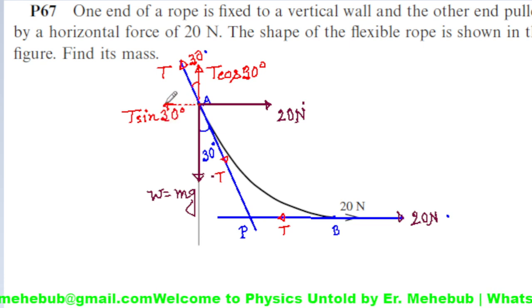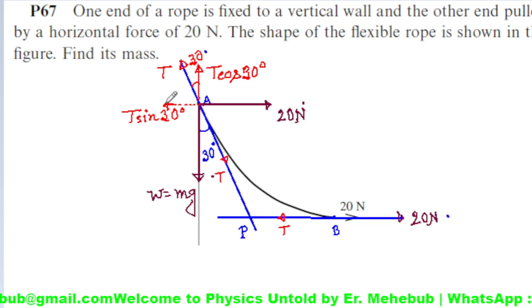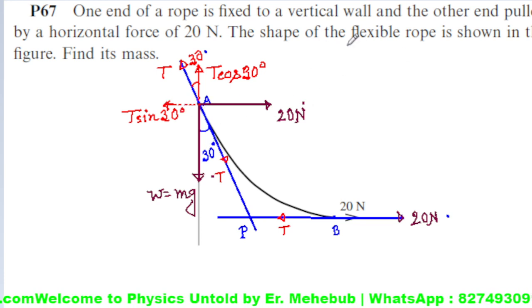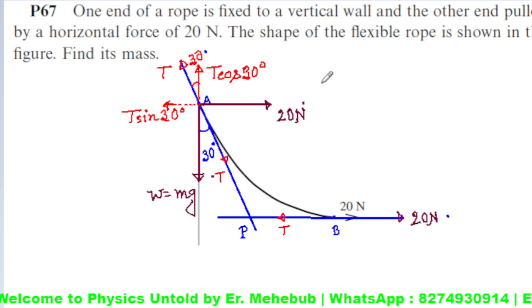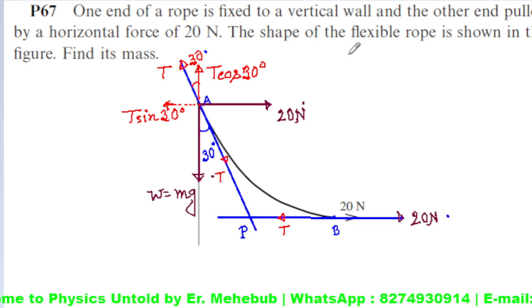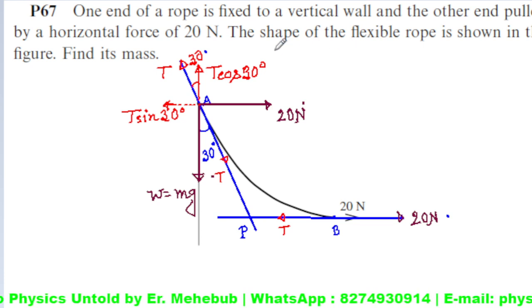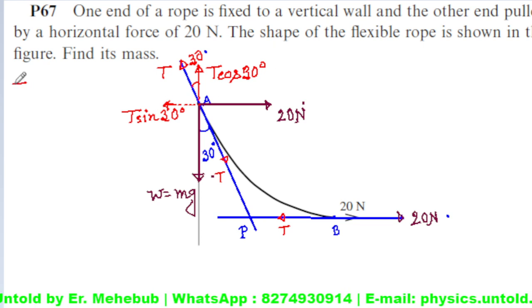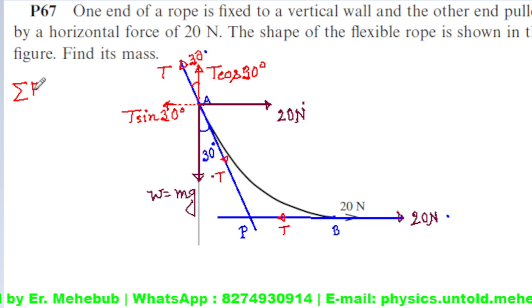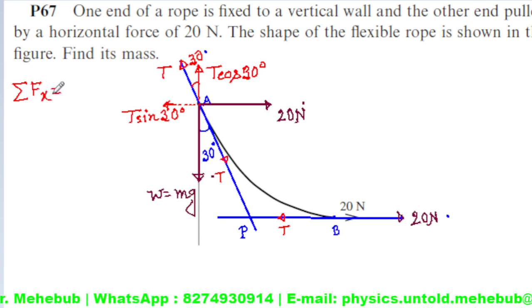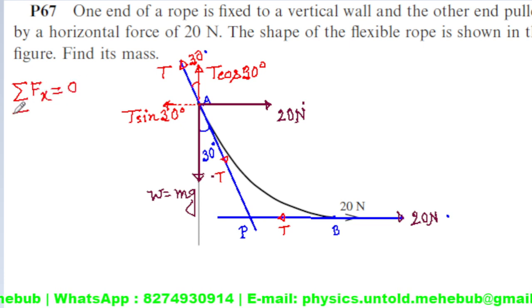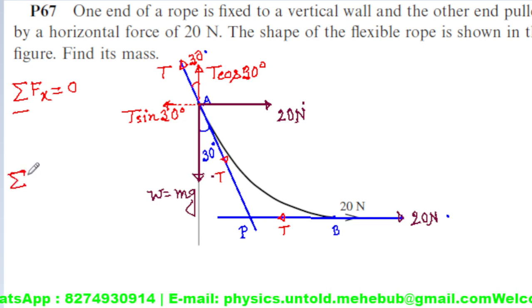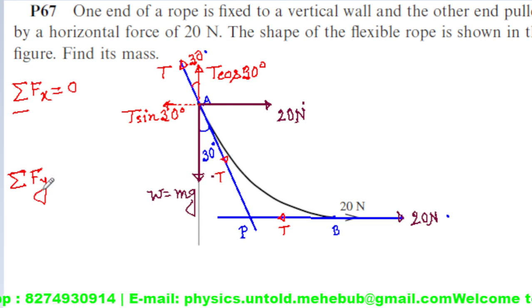As the rope is in equilibrium, we can use the condition for equilibrium: summation of Fx equal to 0, and summation of Fy equal to 0.